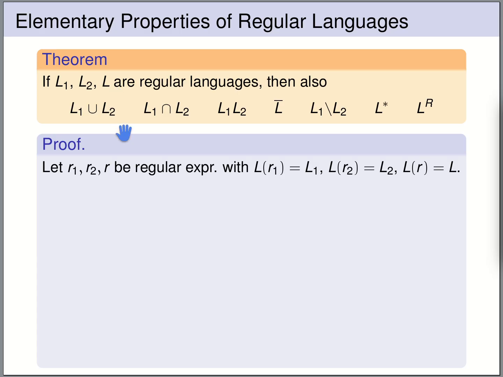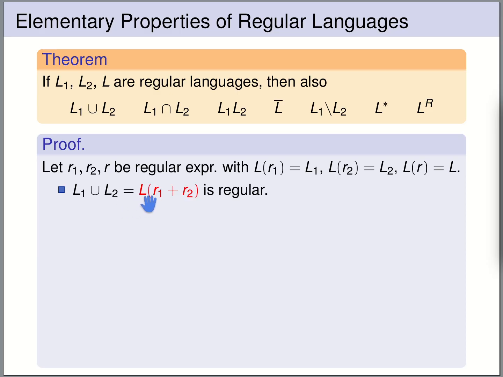Now, if we want to establish that the union of L1 and L2 is regular again, it suffices to find a regular expression that expresses this union. And this is of course very simple. We can simply take the regular expression R1 plus R2.